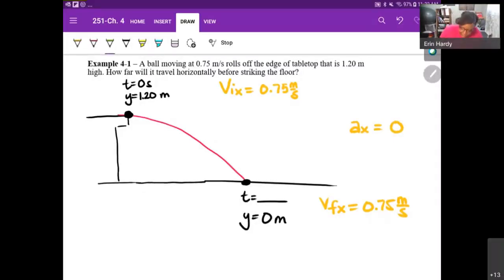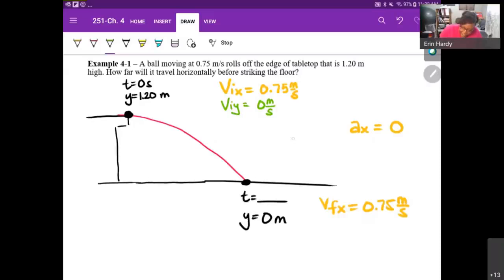Now for the vertical direction, V initial y, it might seem like we don't know this, but we know that the ball is not moving in the vertical direction until it leaves the table. So vertically, the amount of time it would take for that ball to go from 1.2 meters to the ground is exactly the same as if I just held an object 1.2 meters above the ground and let it fall straight down.